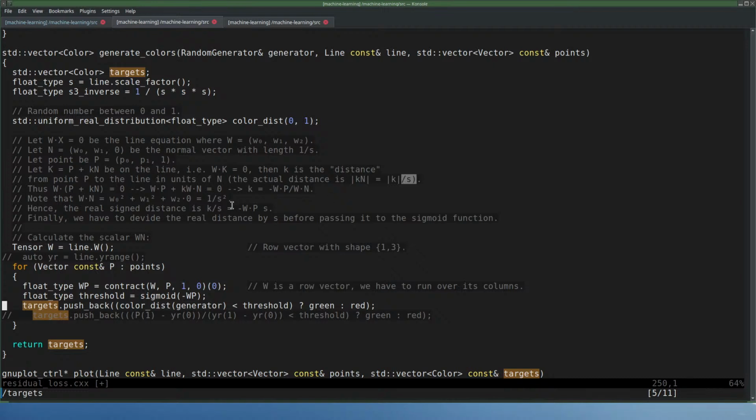So I'm dividing by S here. And then we end up with, this was 1 over S squared, so K is minus W dot P times S squared, and then we have to divide by S again. So we end up with a single S.